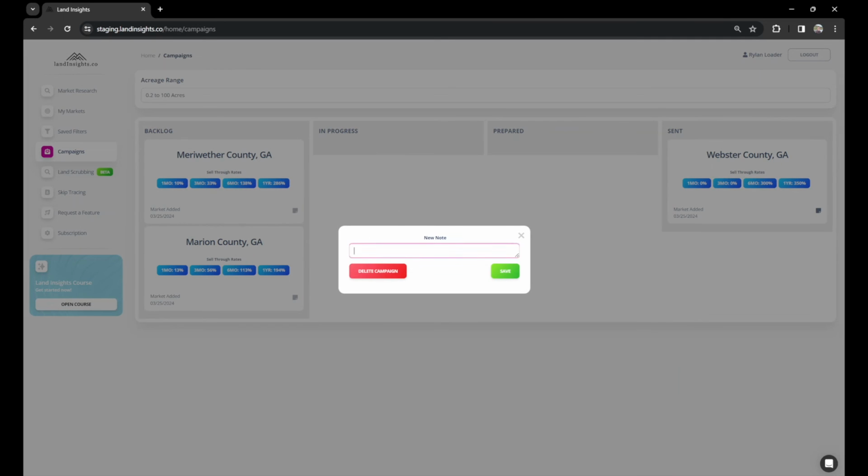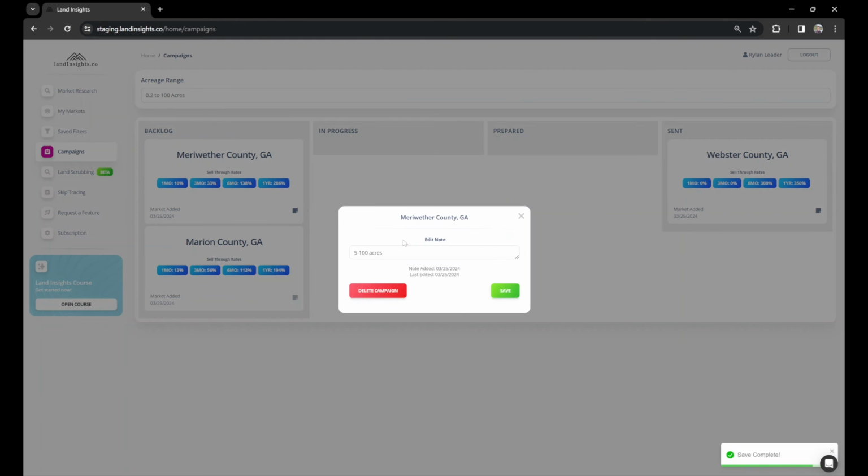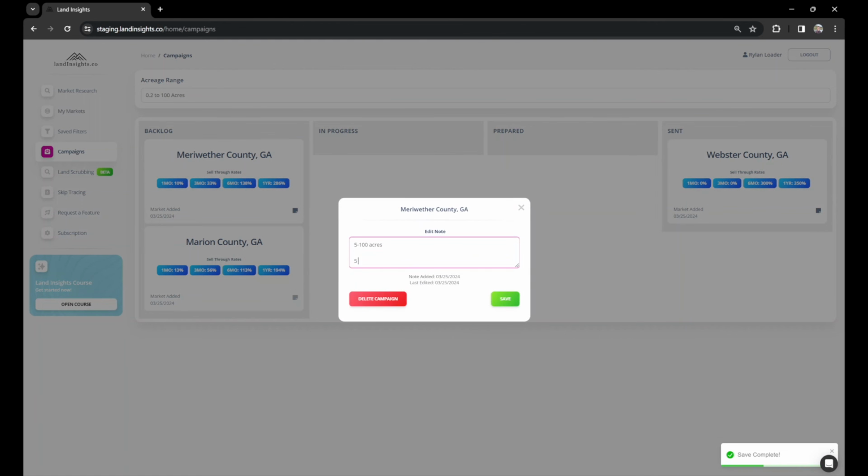So the next step would be choosing the acreage you want to go after and then pricing it out inside of here. So let's say in Merryweather, when you wanted to go after 5 to 100 acres, and then we can price it out. So 5 acres worth 50K, for example.